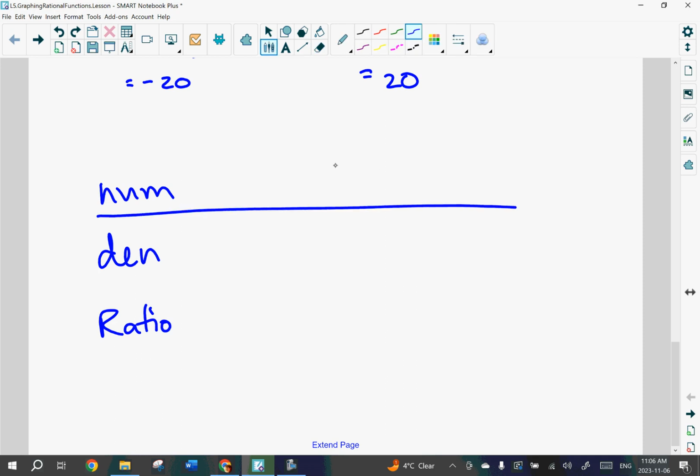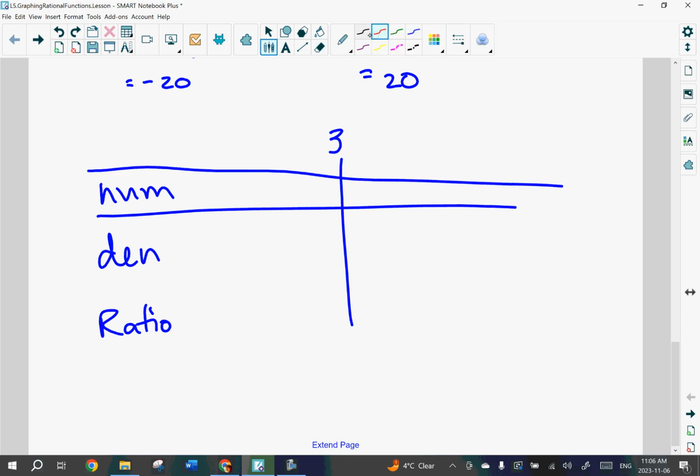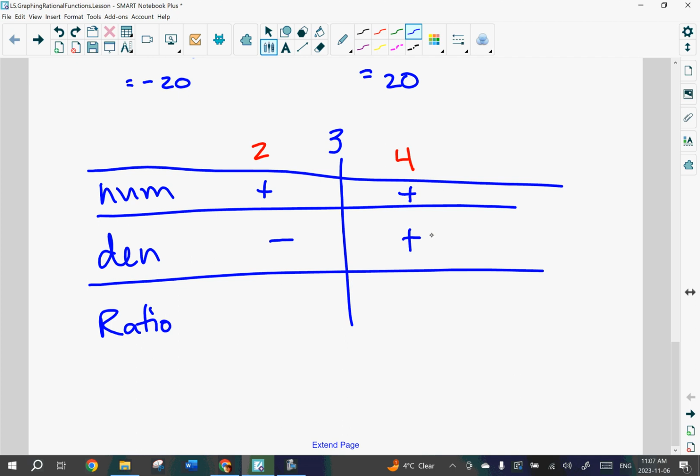And then our value is 3. So we're testing a 2 and we're testing a 4. The numerator is always going to be positive, positive. The denominator is when you would get a negative there and a positive there.